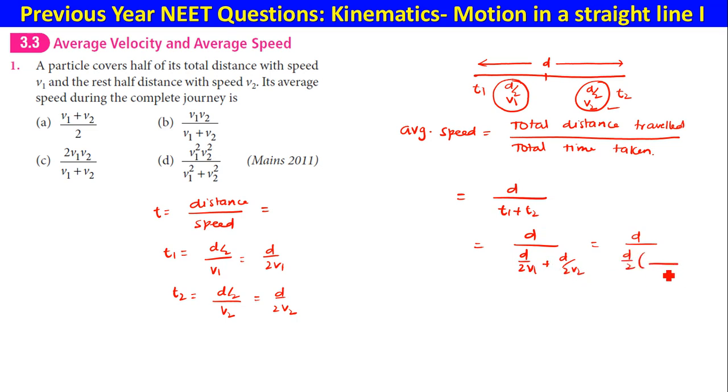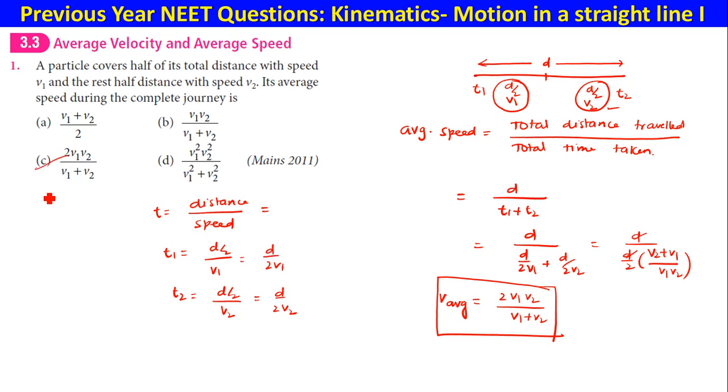Taking the LCM, v1 v2, I get v2 plus v1 in the numerator. This d and that d get cancelled. Now the average speed, v average, taking 2 v1 v2 to the numerator, is 2 v1 v2 by v1 plus v2. That is the average speed.